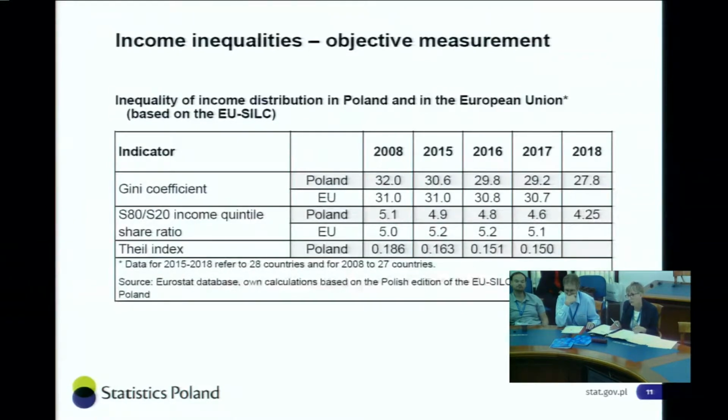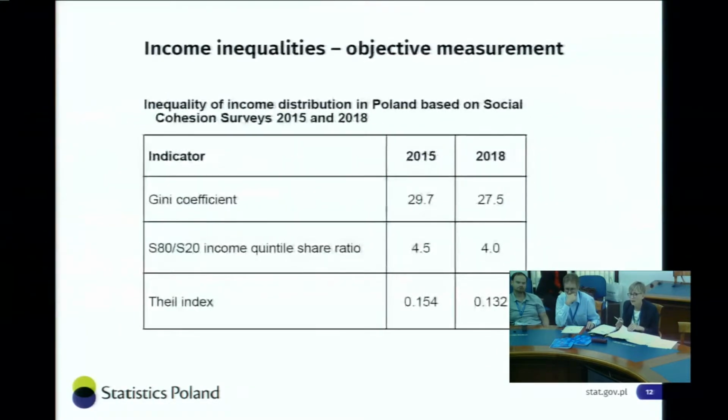You can see, we use such indicators as the Gini coefficient, income quintile share ratio, and the national welfare state index also. But we also analyze income inequality using another survey, for instance, the social cohesion survey.